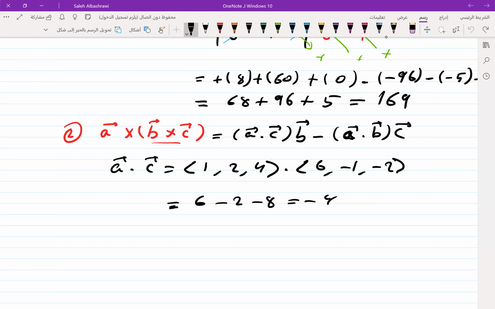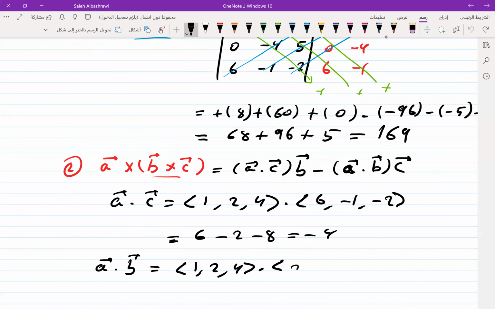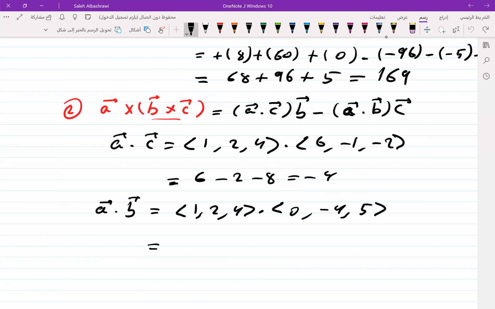Now, A dot B is (1, 2, 4) dot B, which is (0, -4, 5). This will give me 0 minus 8 plus 20, equal to 12.